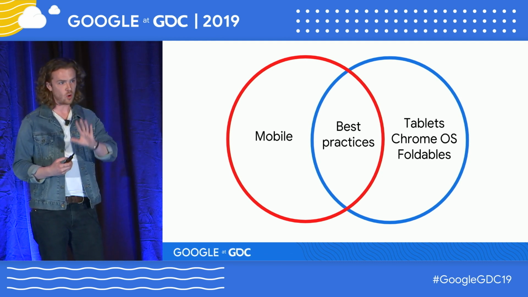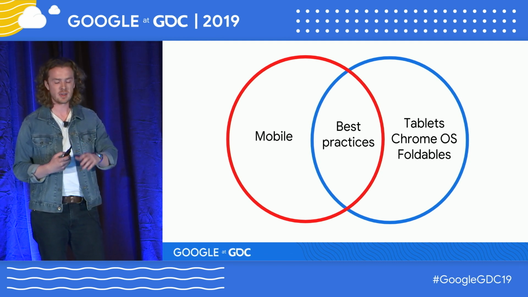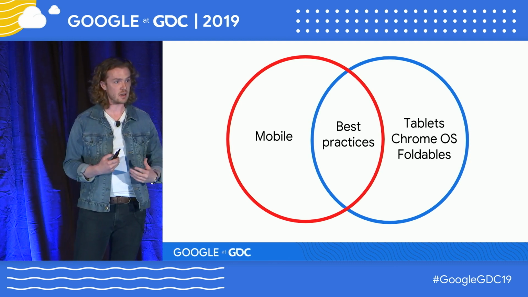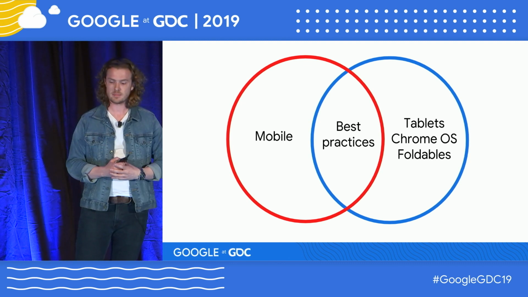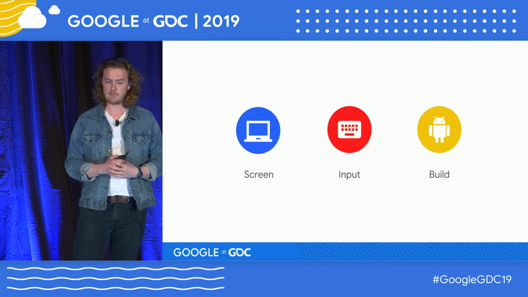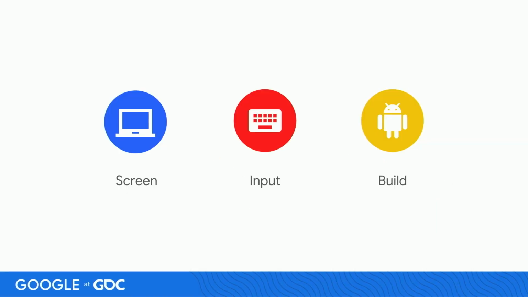But I really want to focus on the core things, the stuff in the middle there. That's going to give you a great experience with the least amount of work. And hopefully I boiled it down to 3 main areas you need to consider. That is screen considerations, input considerations, and how to build and set up your APK so that when it's distributed, it can support the most devices possible.